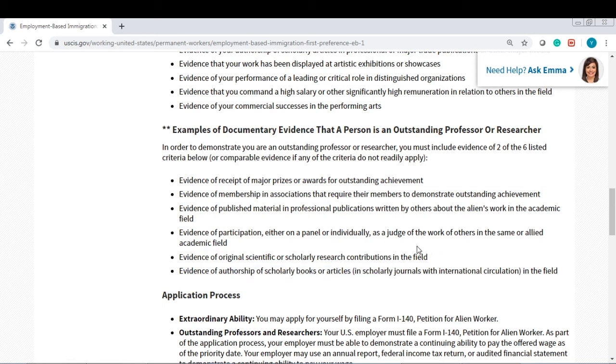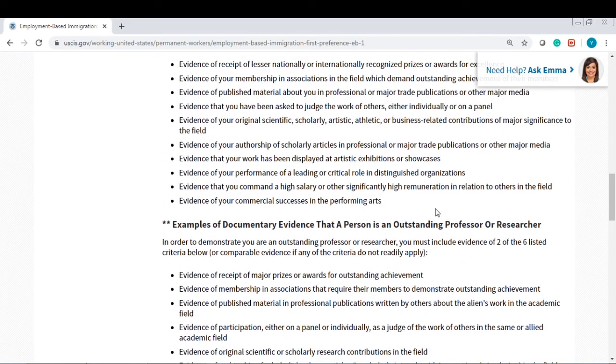So this one is relatively easier than the first category, EB-1A.